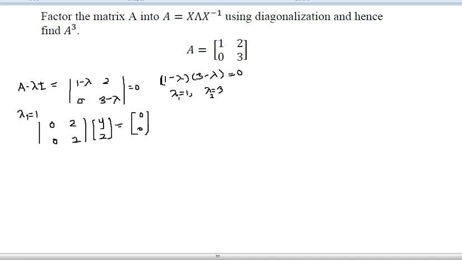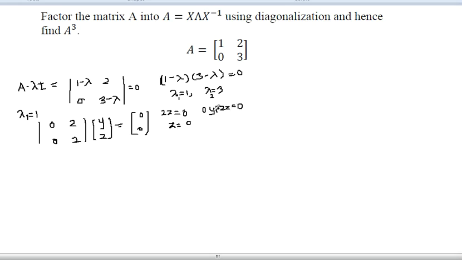To solve this equation we need to get values of y and z other than 0, 0. So we have the equation 0 into y plus 2z is equal to 0. The same equation repeats here. The solution of this implies z is equal to 0.